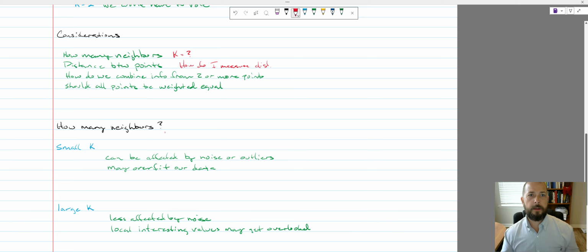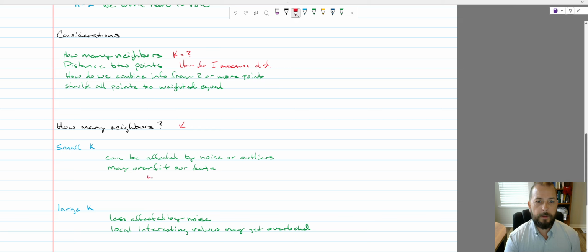There are a lot of different ways for determining how I'm going to pick my K value. If I pick a small K, oftentimes this can be affected by noise and outliers. If I pick a very small K, where I'm only looking at one particular data point, for instance, I may end up just overfitting my data.